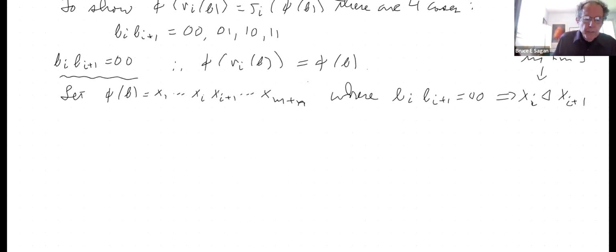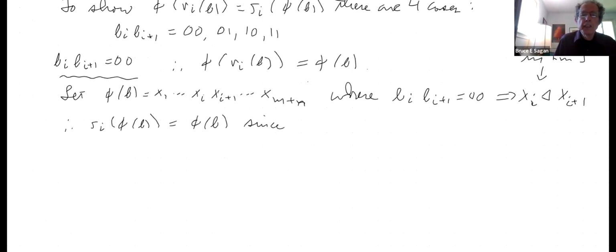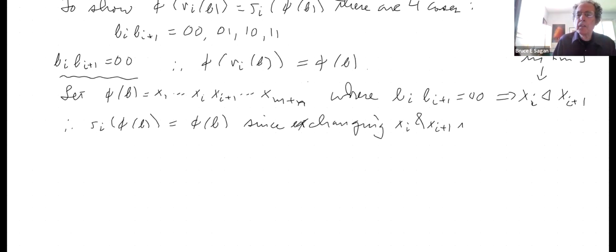So therefore, Si of phi of B doesn't change anything. It's got to still be phi of B, since exchanging xi and xi plus 1 is not a linear extension.